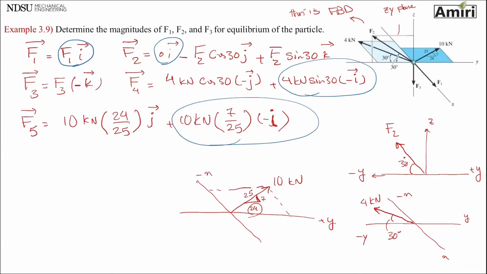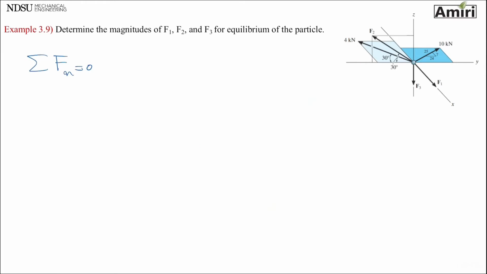So all of these need to be added together and equal to 0. So F1 minus 4 sine 30, don't need to include i's anymore, or j or k, minus 10 times 7 over 25 equals 0. Okay, we have one unknown, so I can find F1 from here, 4.8 kilonewtons.